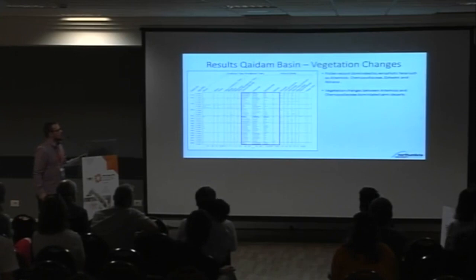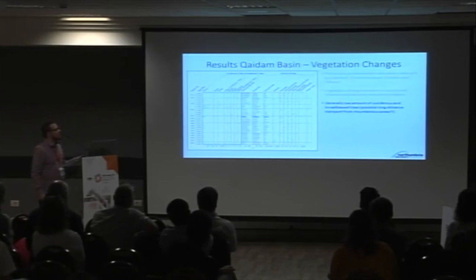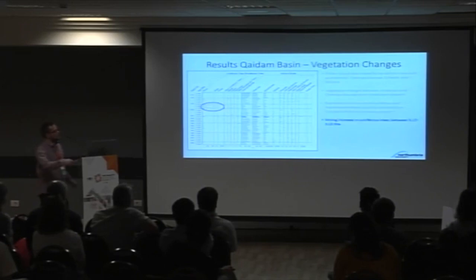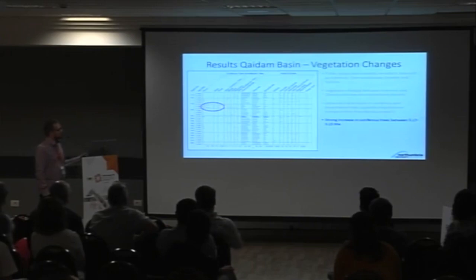You can see that the diagram is dominated by xerophytic taxa, especially Chenopodiaceae, Artemisia, Ephedra, and Nitraria, whereas we just have very low or low concentrations of coniferous and broadleaf tree pollen, which might come from surrounding mountainous areas and long-distance transport. However, we can see that there's one time interval between 3.17 and 3.15 million years where we have a strong increase in coniferous trees, suggesting that we have a wetter phase during this time interval.